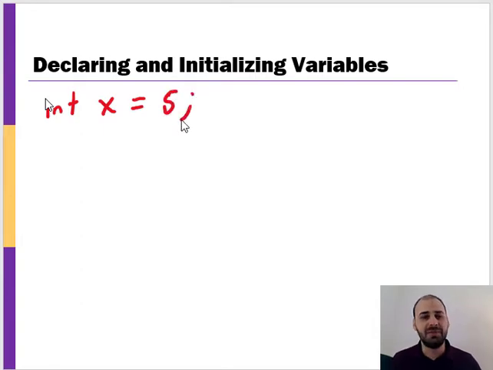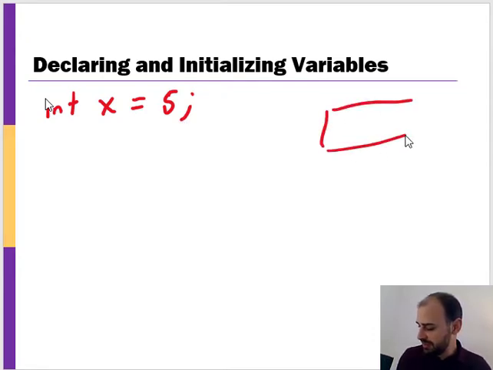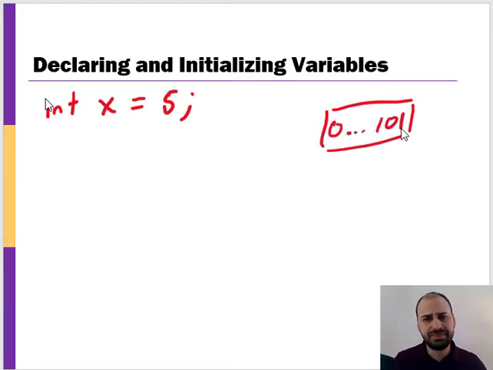We write some code that does that, and we know that somewhere in our computer's memory, we're going to store that in binary. That's going to be this number in binary, and that's where we're storing x. A key thing to reflect on here is that all information stored in our computer system, in our computer memory, is all in binary.